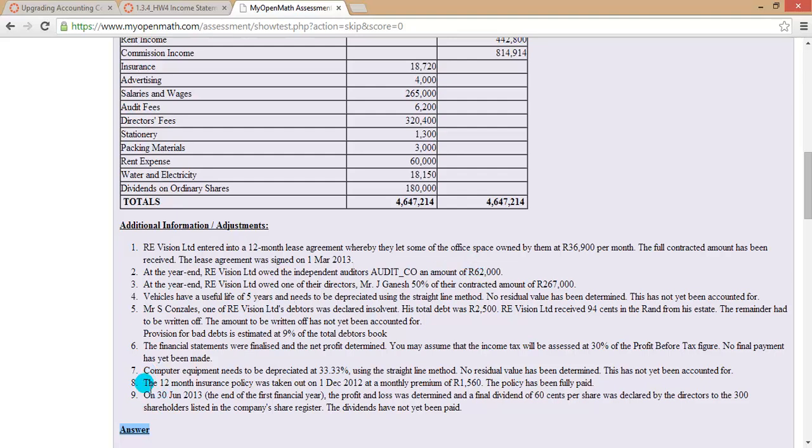Right, additional information number 8 says the 12-month insurance policy, so we know it runs for 12 months, was taken out on the 1st of December 2012 at a monthly premium of 1560. The policy has been fully paid, so we've paid for the full 12 months from the 1st of December 2012. Whenever we're given dates, we need to draw our timelines.